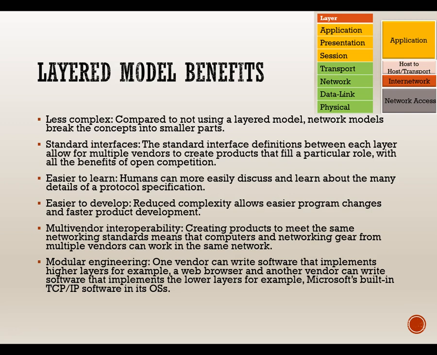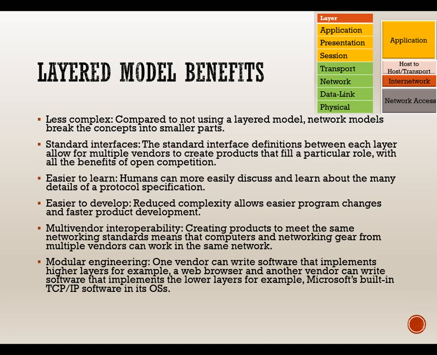Standard interfaces and definitions between each layer allow multiple vendors to create products that fill a particular role, with the benefits of open competition. It's easier to learn, even though it doesn't seem like it right now. You can more easily discuss and learn about the many details of the protocol specification.